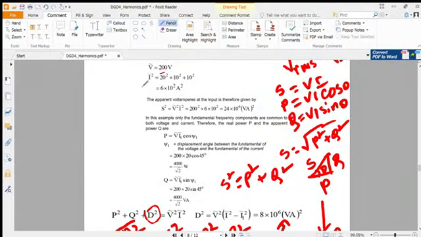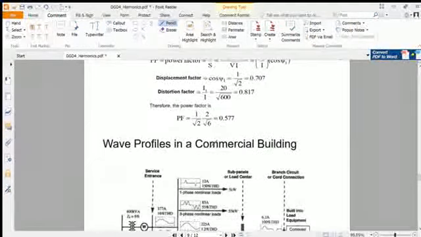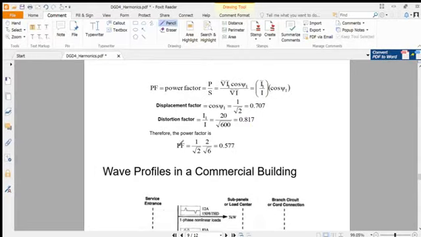If we take the root, we get root over 600, and the power factor would be I1 divided by I, which is 0.812 by root 6, or 0.8167, and cos psi 1 equals 0.707. If we multiply these, we get this. So this is our answer.